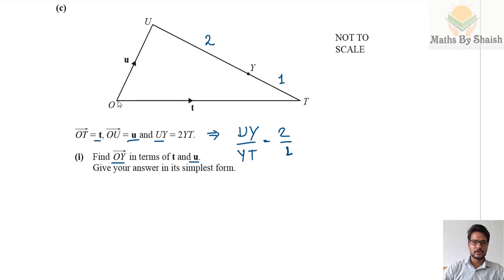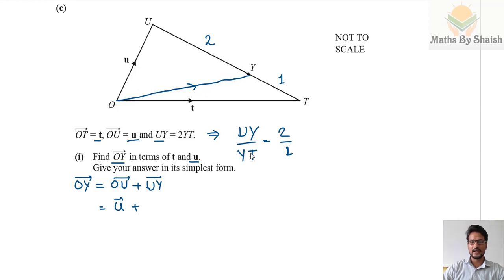So first of all, we will join OY. This is OY. By the initial method, we know that for OY, either we can go from OT to TY or OU to UY. So let's go from OU to UY. Since OU is already the U vector, all we need is UY, and for that we have this thing here.